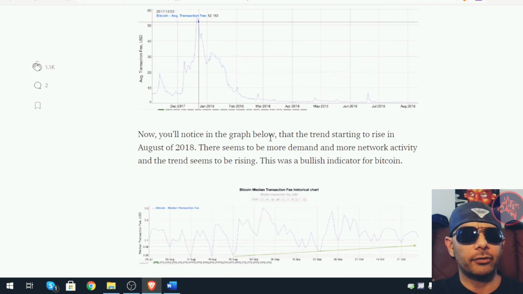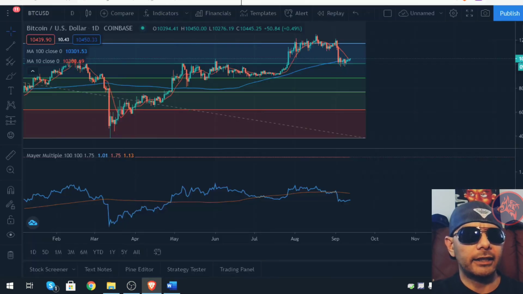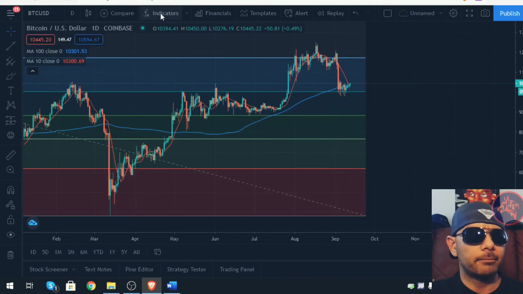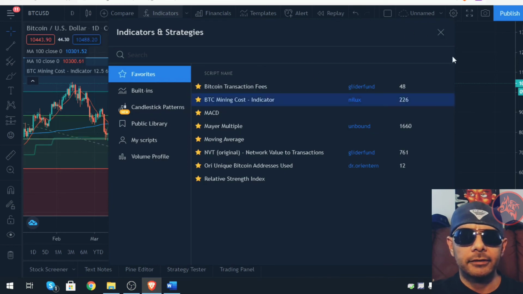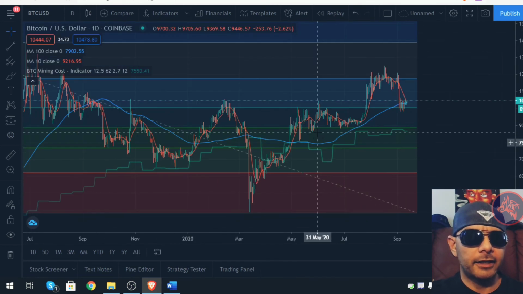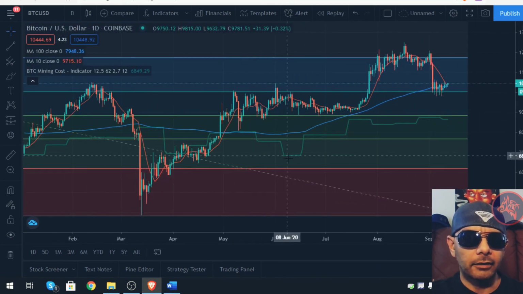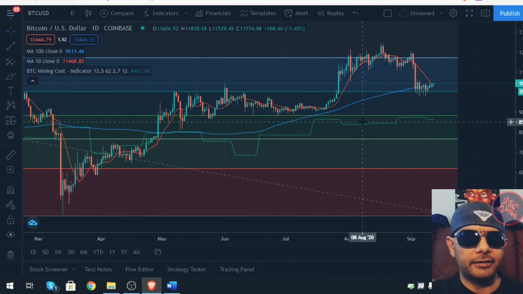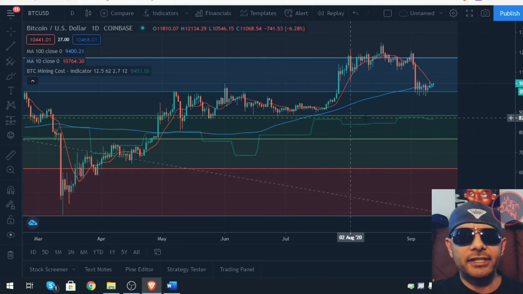Now you'll notice that below, the trend's starting to rise. This seems to be more demand and more network activity. So looking into here, let's get the mining cost indicator of Bitcoin. There we go. As you can see, it's this green line here. It's more digital, not jagged, and it's going sideways.